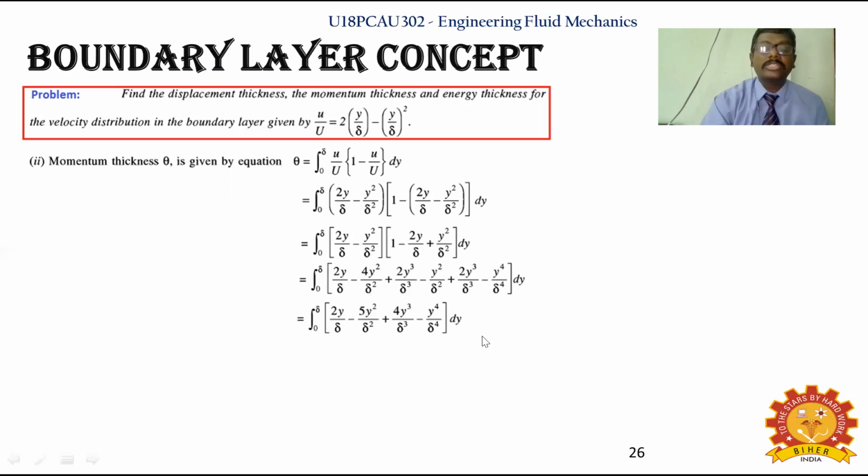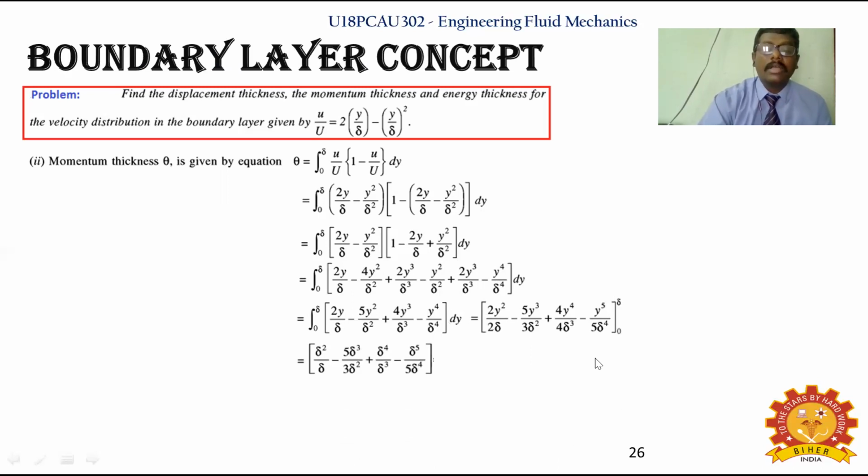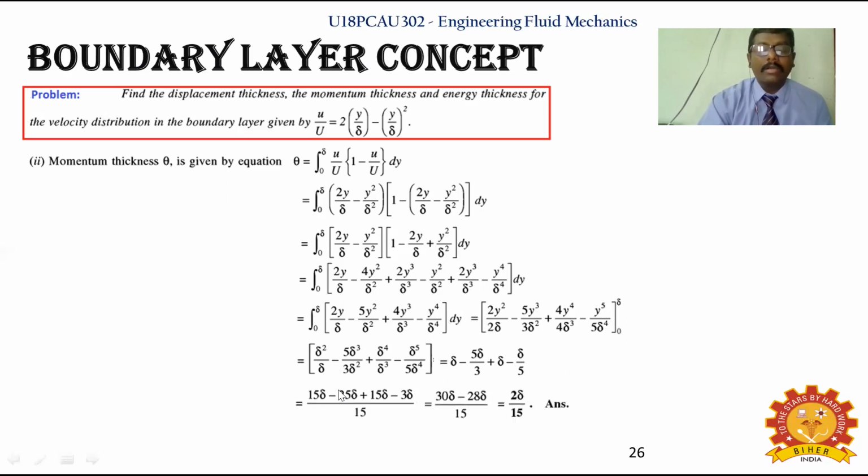Once it is done, then it is easy. While integrating, it will be y square by 2, y cube by 3, y power 4 by 4, y power 5 by 5. After that, it is simple. You substitute y as delta, cancel the powers, and make everything in terms of delta, so that you identify the value of the momentum thickness.